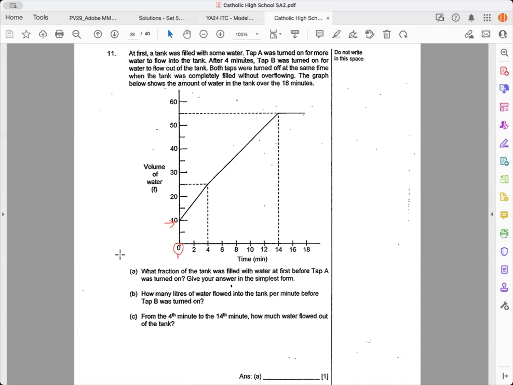Tap A was turned on for more water to flow into the tank. So there's a tap A. And tap B was turned on for water to flow out.